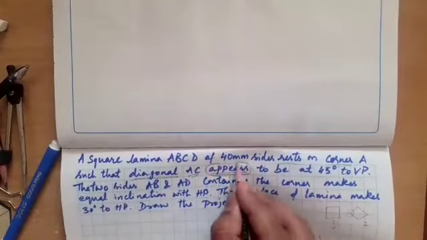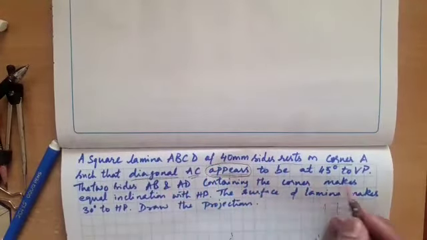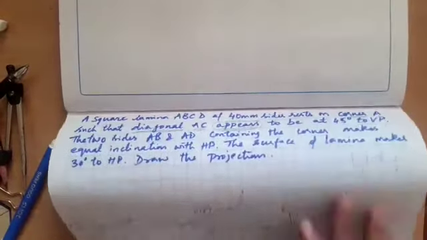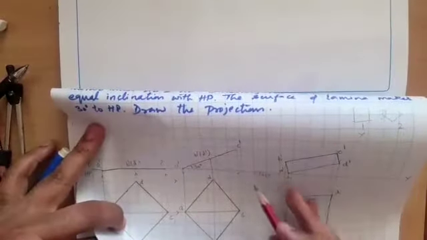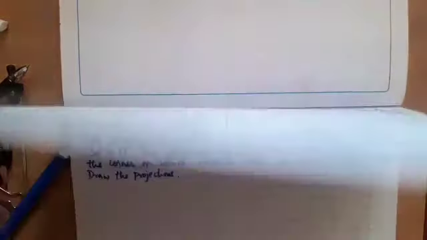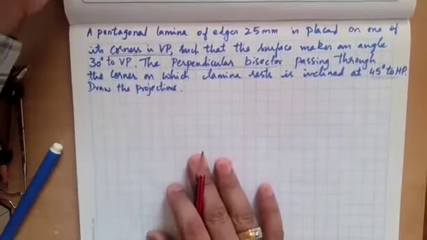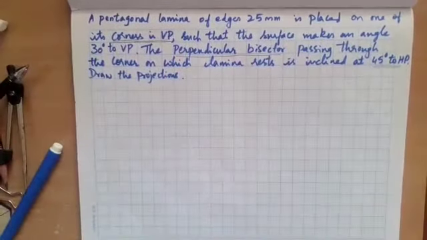You have seen, diagonal or a perpendicular bisector appears to be at 45 degree to VP means there exists no beta angle. Directly you are supposed to solve the problem, like what we did in the previous condition. So we'll start solving the problem for pentagonal lamina.